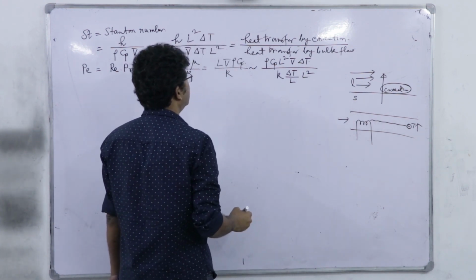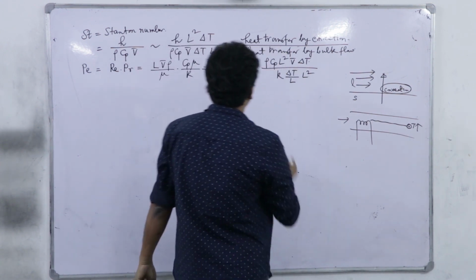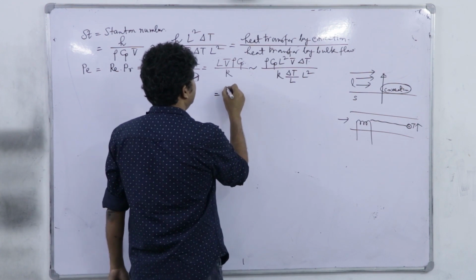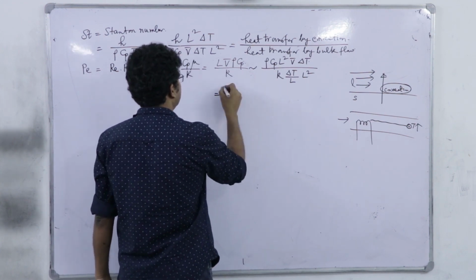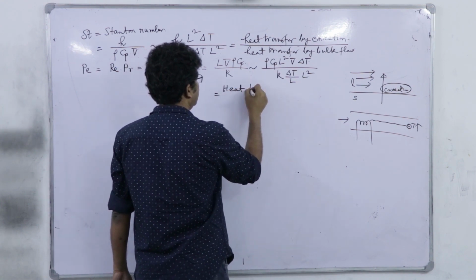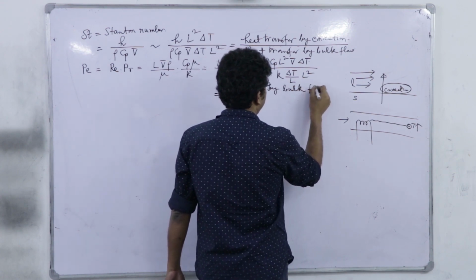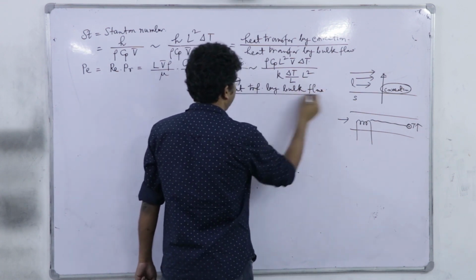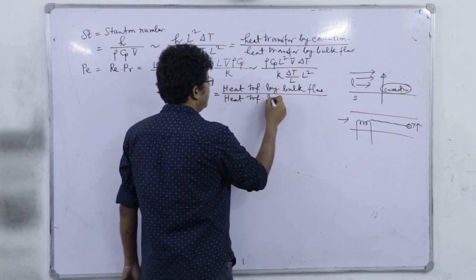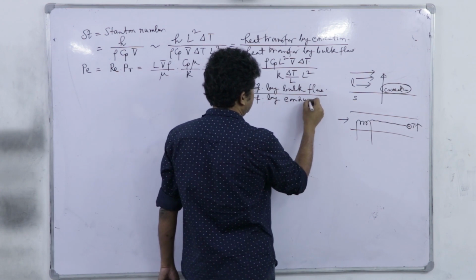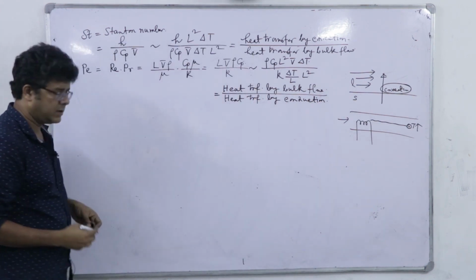Then it will give you L in the numerator. So this is the rate of heat transport by bulk flow divided by heat transfer by conduction. So that's the Peclet number.